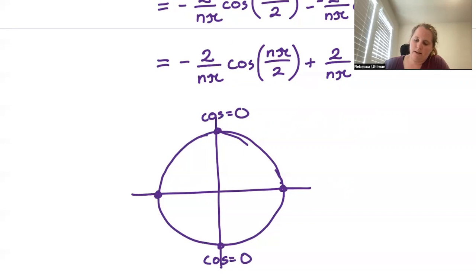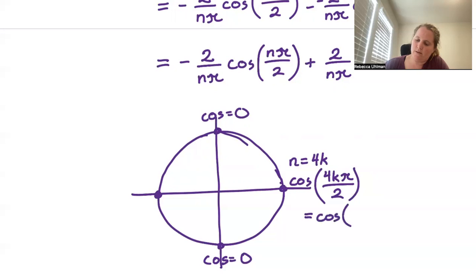So if we're looking at n equal to 4k, that will be the case where cosine of 4k pi over 2 boils down to cosine of 2k pi, and this is, of course, our 1.